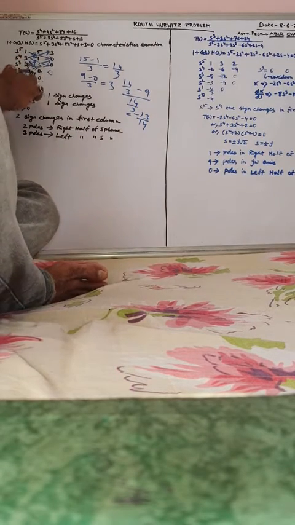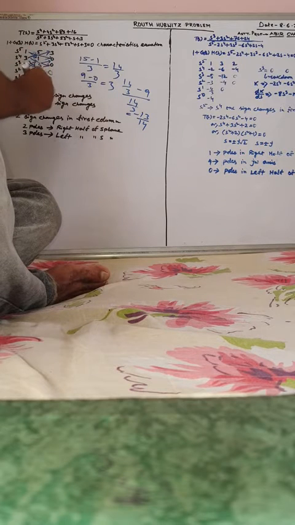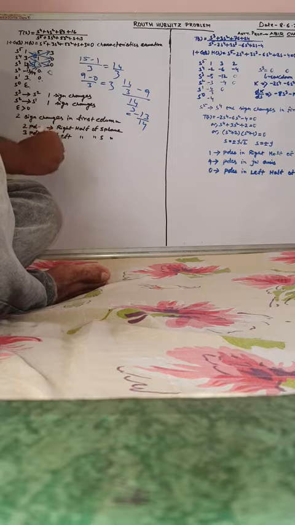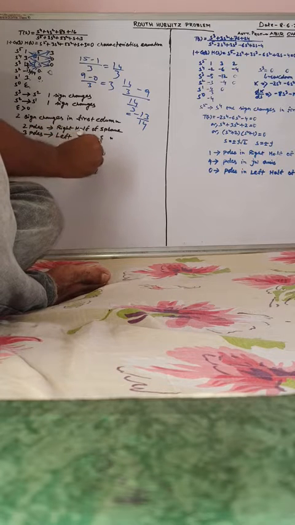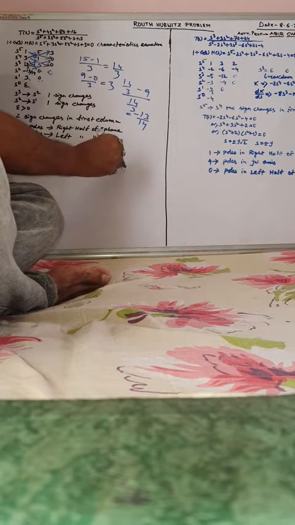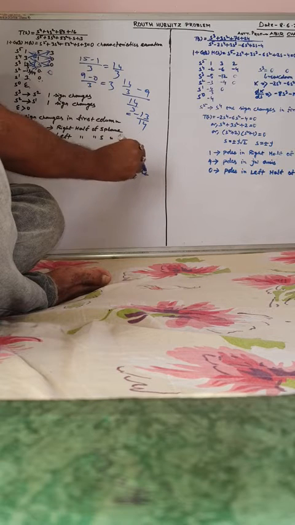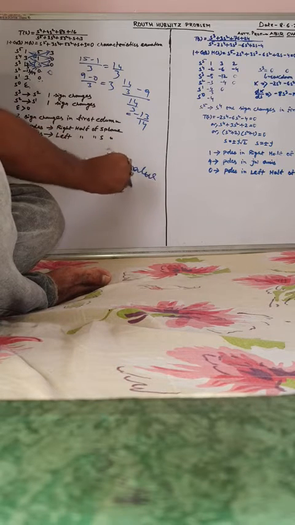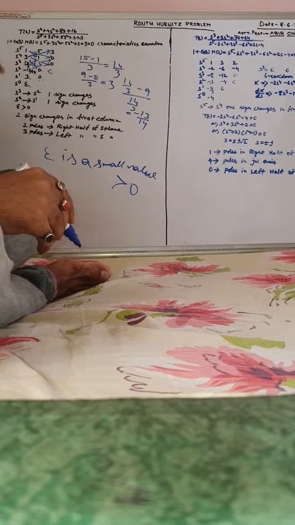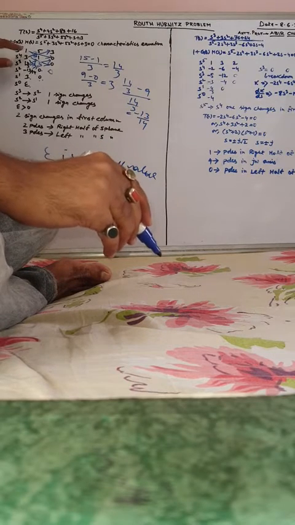Here it is 0, but we don't treat it as 0. We treat it as epsilon. Epsilon is a very small value greater than 0.